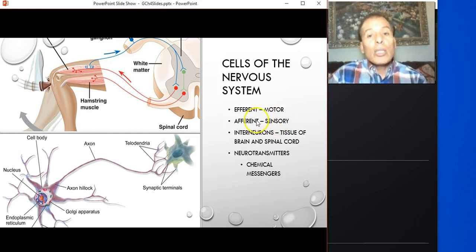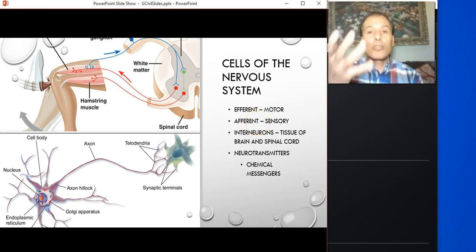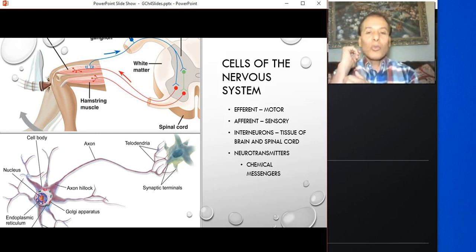But in terms of function, you have the motor neurons for the transmission of motor signals to move structures of the body. These sometimes are called efferent. They produce an effect. And then sensory sometimes are called afferent. Afferent means you don't move structures, but you send sensory signals like hearing, like for example, when you feel heat on your skin, or the wind moving your hairs.